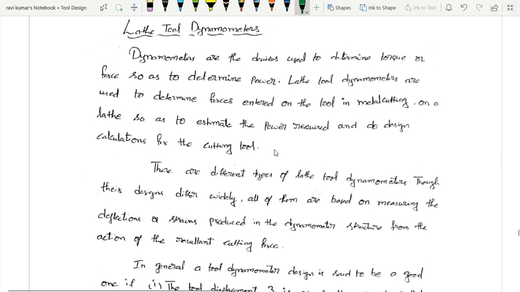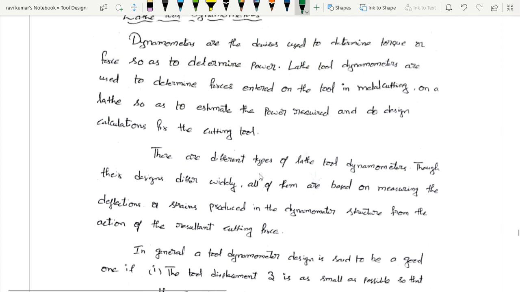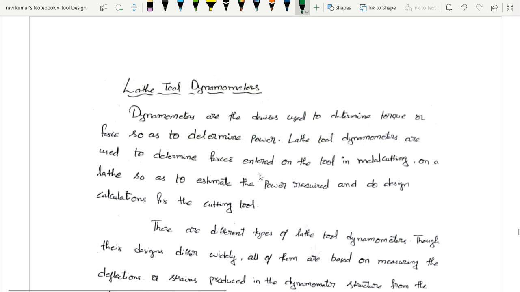Next, we shall talk about the lathe tool dynamometry. What is this lathe tool dynamometry? I need to determine what is going to be the cutting force. When I want to know the cutting force, I should go for an instrument known as lathe tool dynamometer.